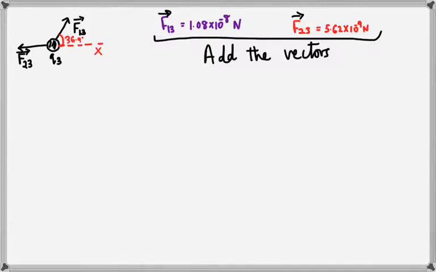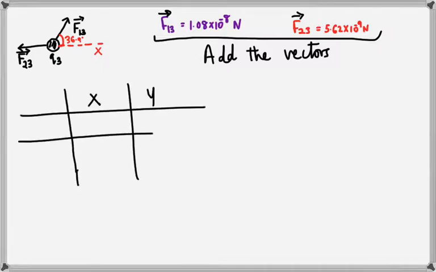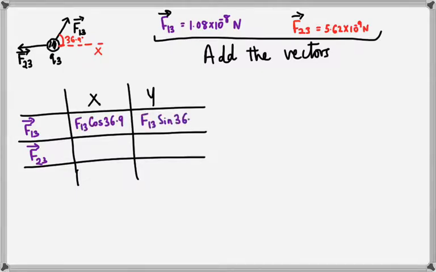Now we are going to add vectors, which we learned in grade 10. The same method we are going to apply: getting the x and y components for both vectors. The x component for F13 is F13 cos 36.9 because x makes the angle, so it gets the cos.